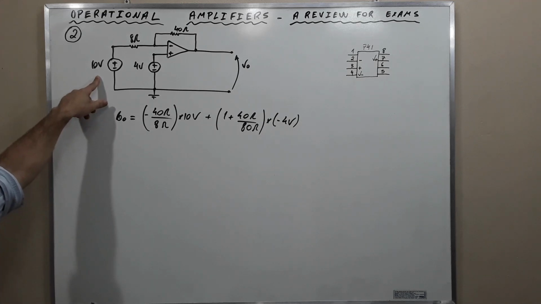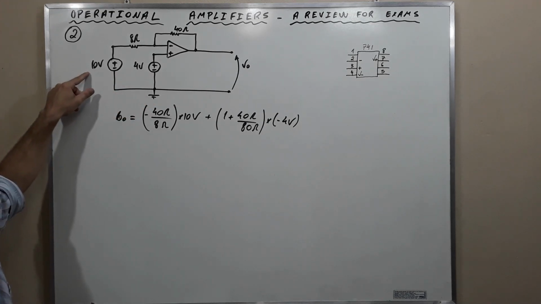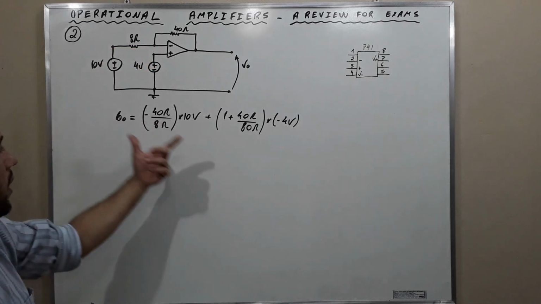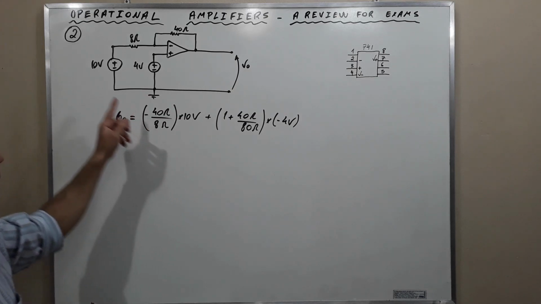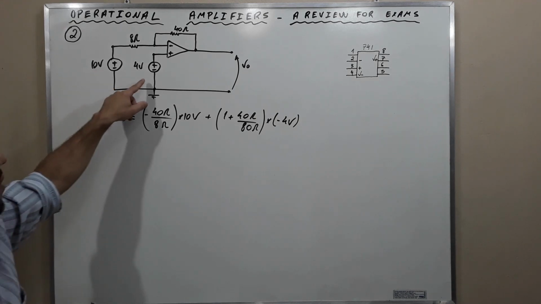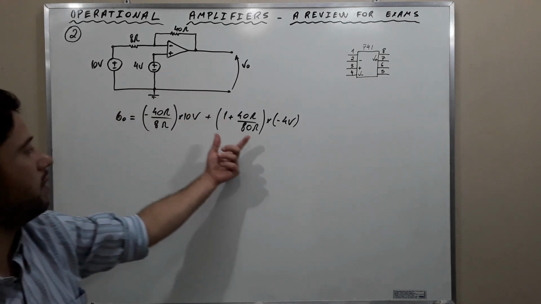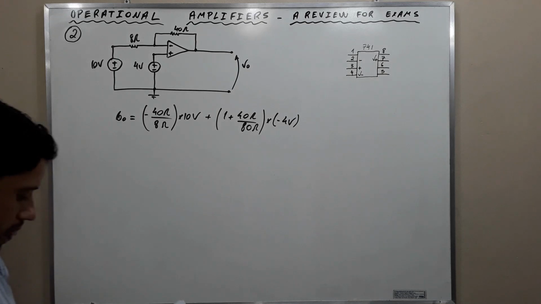See that here, when 4 volts is at rest, the signal is entering through the inverting terminal, okay? And this is the gain of the inverting configuration. And see then when 10 volts is at rest, the signal is entering through the non-inverting terminal.